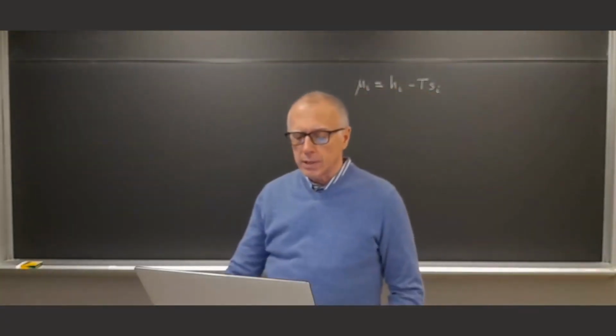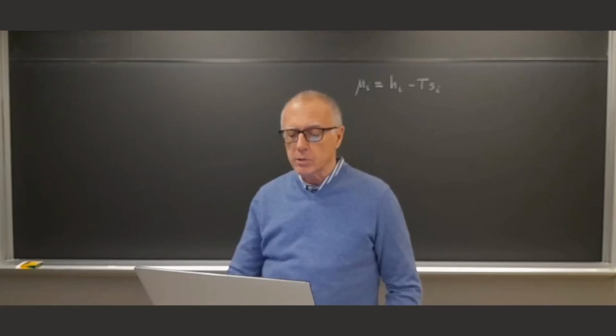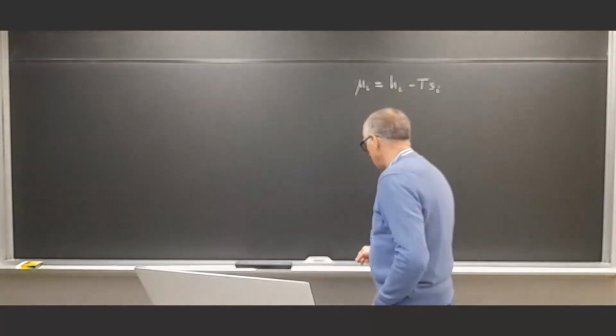So we can see that from this relation here, the chemical potential of the component in the mixture can be written as this linear combination, enthalpy minus Ts, which essentially is also equal to the Gibbs free energy.